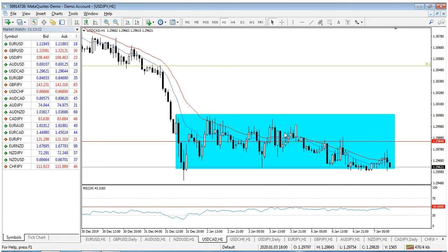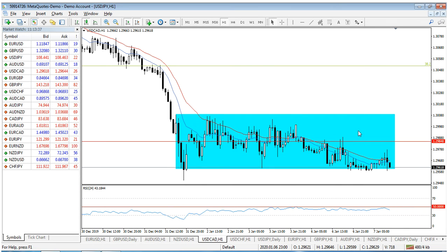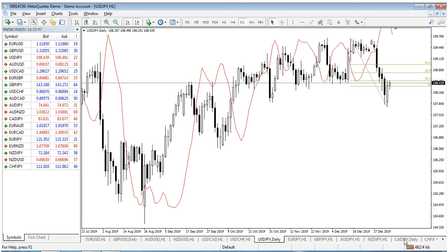The title of the video was analysis of CAD with USD JPY, CAD JPY, and USD CAD, something like that. So this was the rectangle, and when the rectangle was something around here, I had made this video, and I had talked about the possibility of USD CAD breaking to the downside, and also the possibility of USD JPY retracing up.